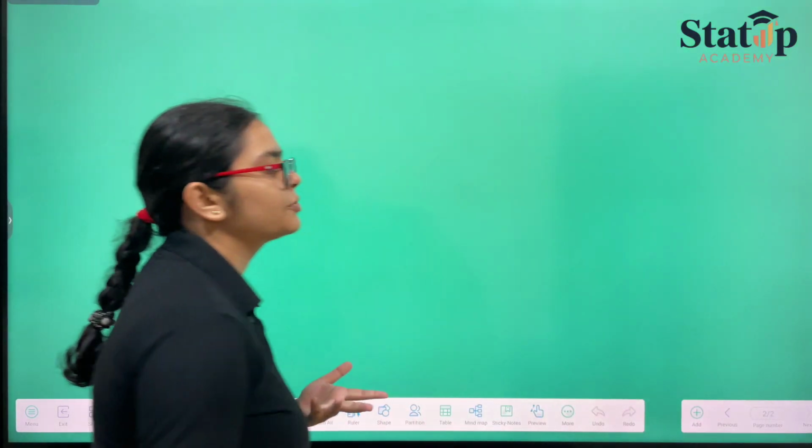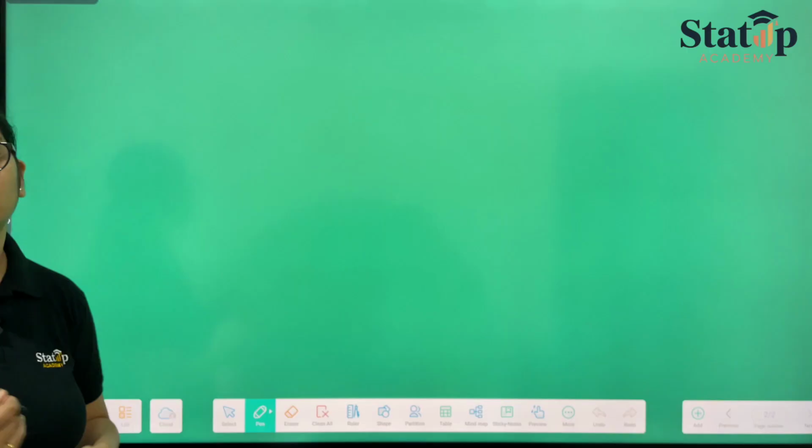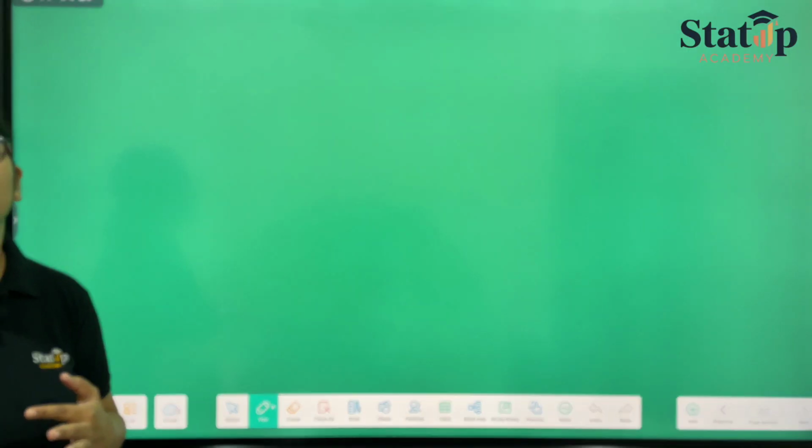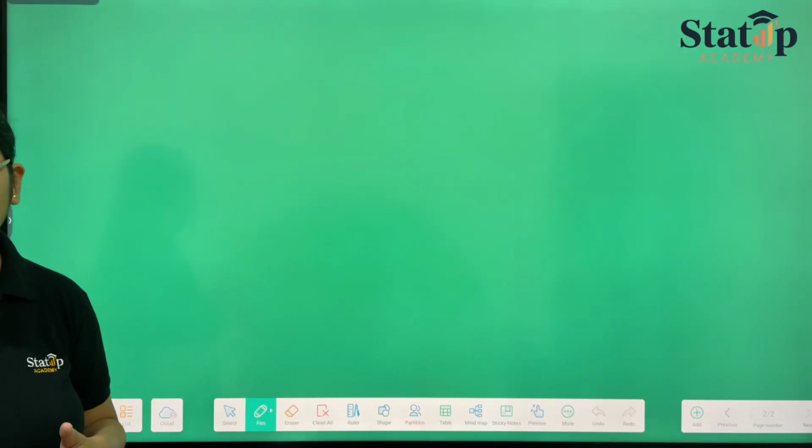Now moving on further, how do we know that this method is an example of varying probability?